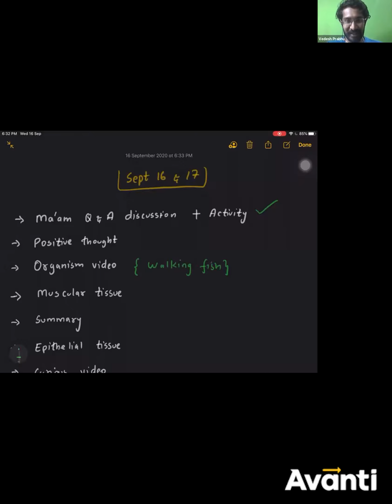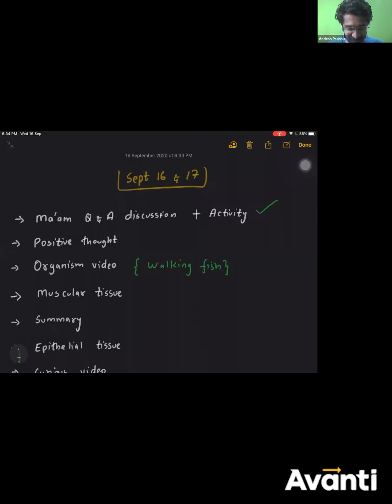If you think yes, there is an organism called walking fish, you can click on the yes icon. Or if you think, hey sir, how can fish walk? Fish will just swim. If you think there's no such thing as walking fish, then click on the no icon. Because today we're going to see this organism, walking fish. So what is this organism? Let us see that later.